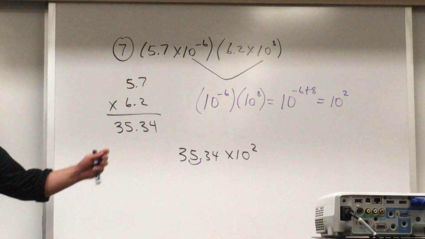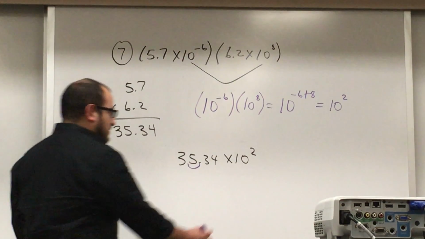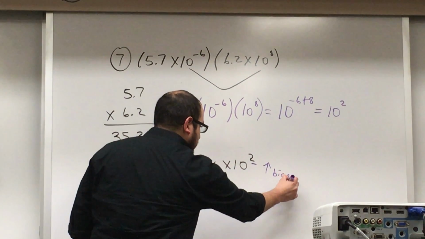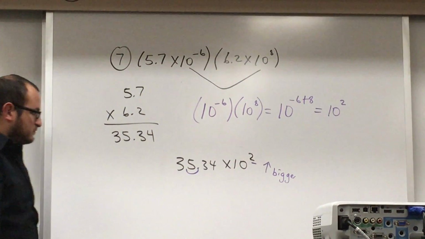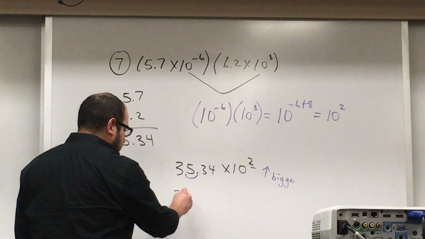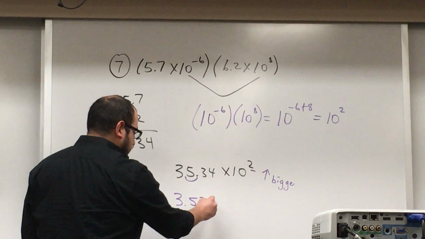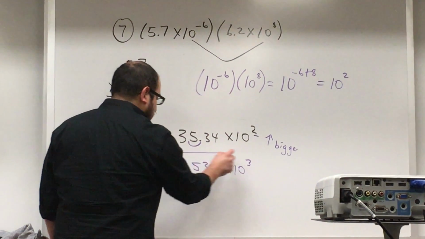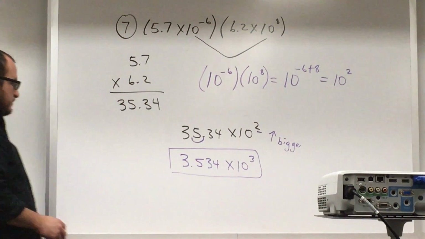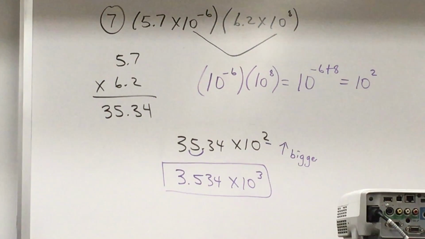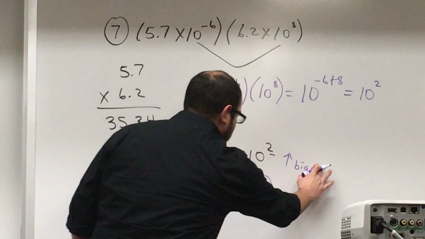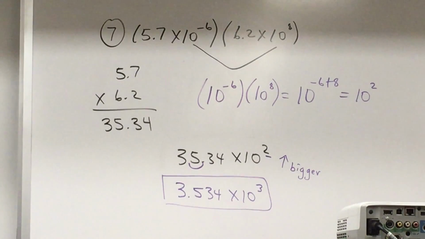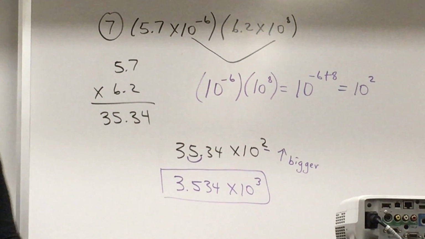And since we're moving it over to the left, we're actually making this number bigger. Okay? So this becomes 3.534 times 10 cubed. And that right there is scientific notation, exponents.